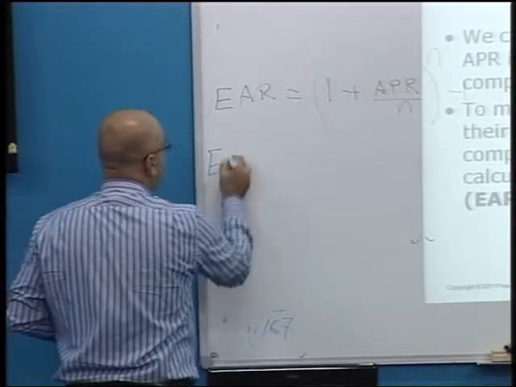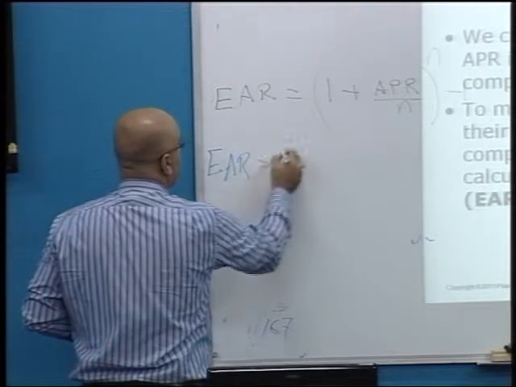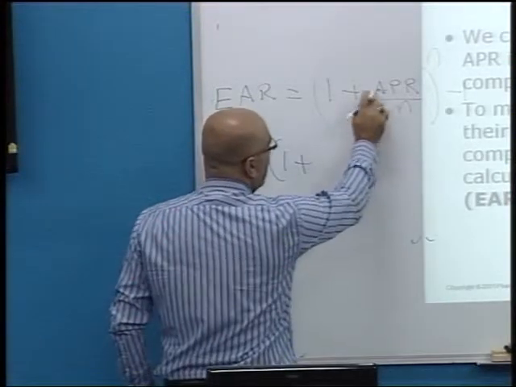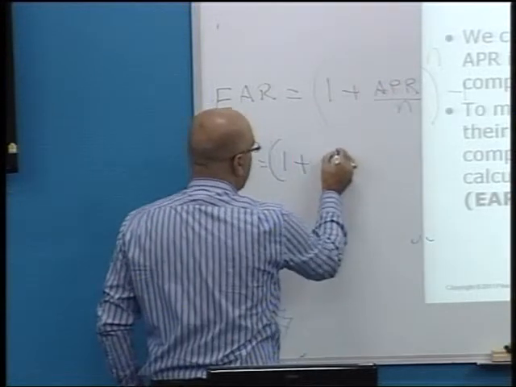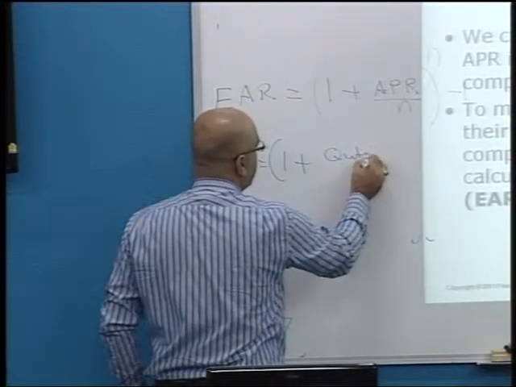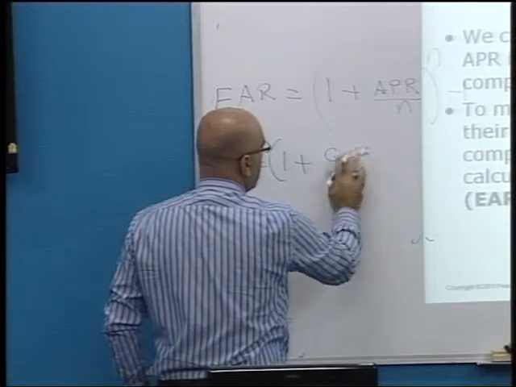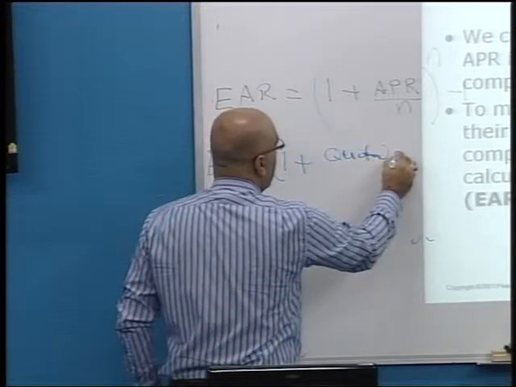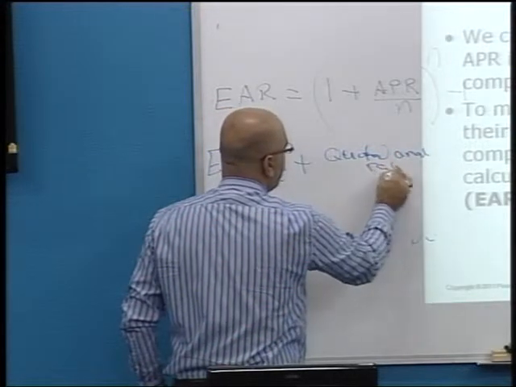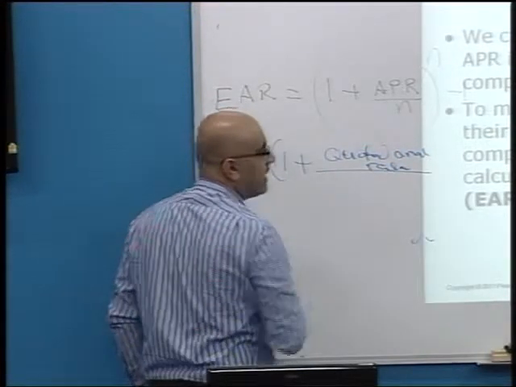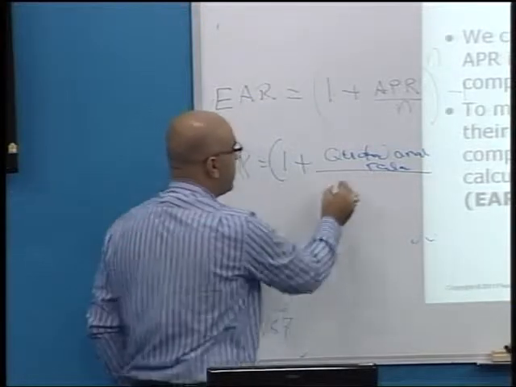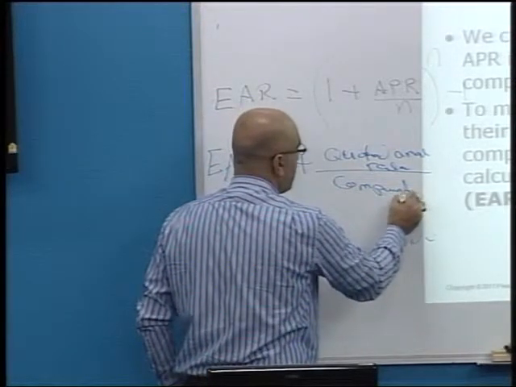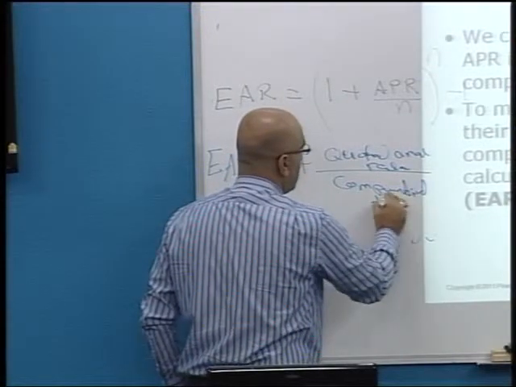So again, the effective annual rate is 1 plus the annual percent rate, which is the quoted annual rate by the bank, divided by how many times compounding occurs, to the power.